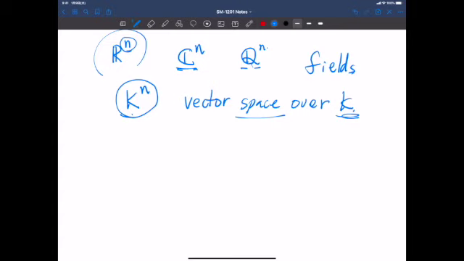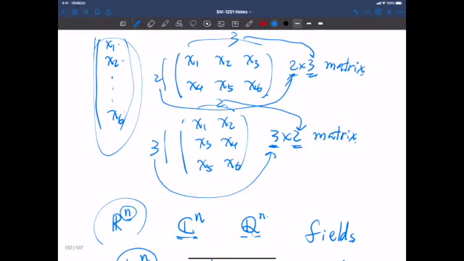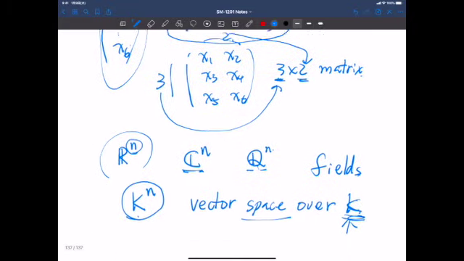Scalars are elements of this field K, and vectors are either row vectors or column vectors.